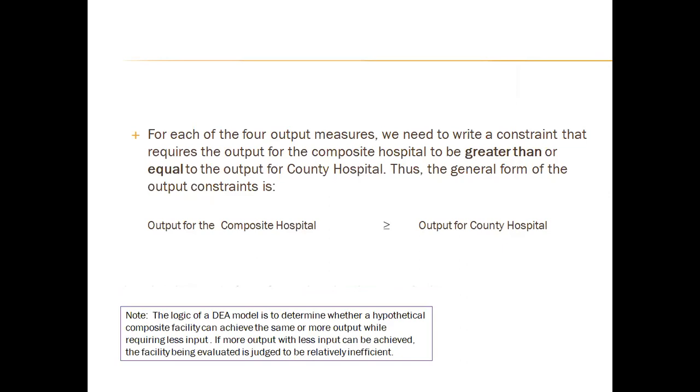For each of the four output measures, we need to write a constraint that requires the output for the composite hospital to be greater than or equal to the output for county hospital. Thus the general form of the output constraint is: output for the composite hospital should be greater than or equal to the output for county hospital.